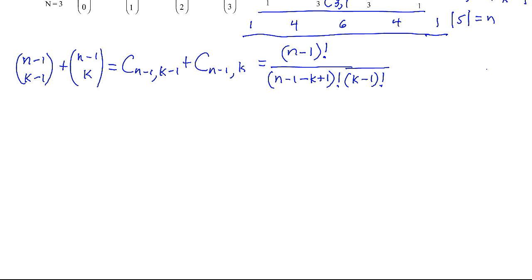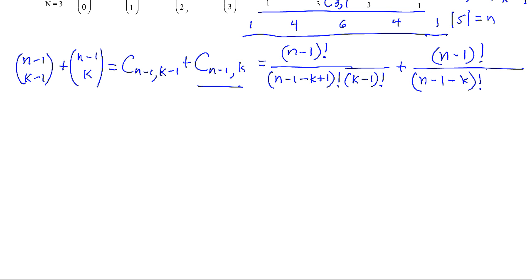I'm also going to write the next term, and it has an (n-1) factorial in the numerator also. And it has an (n-1) minus k factorial in the denominator, and it has a k factorial in the denominator.